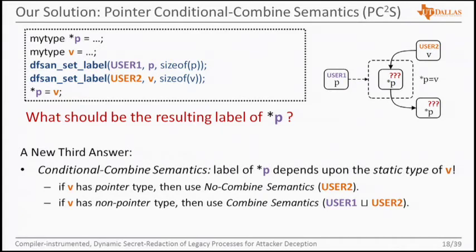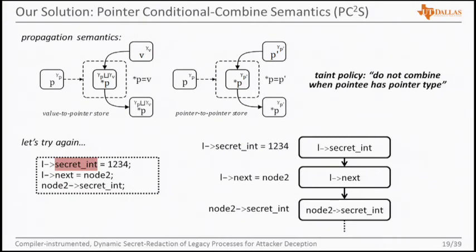So basically, the semantics dictates that if V has a pointer type, then we should use a non-combined semantics. However, if V has a non-pointer type, which means it's a value, then we should combine the label of the pointer with the label of the pointee.